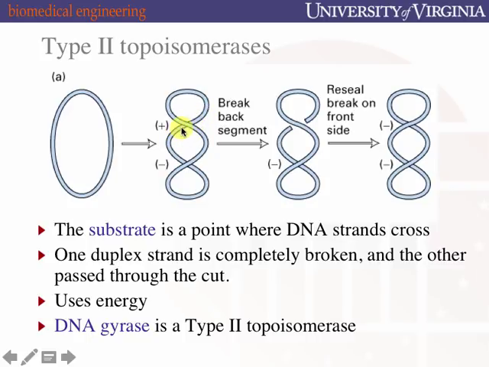What type 2 topoisomerases will do is cut both strands, two of them, okay, not a single strand, and then pass the extra loop through the place where it just cut, and then reform the break that was originally made by the enzyme.